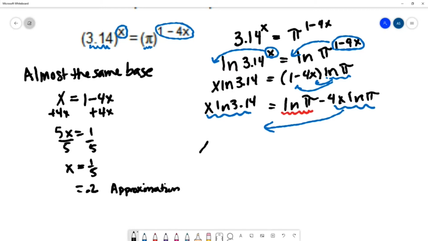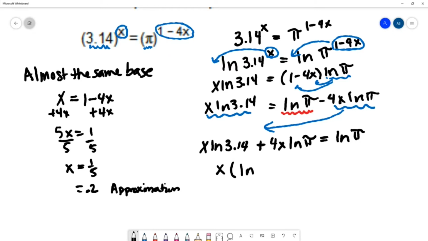So we have x natural log of 3.14, minus, I know that'll be a plus, 4x natural log of pi equals natural log of pi. Now that I've collected the x's, I want to factor the x out, and that will leave me with natural log of 3.14 plus 4 natural log of pi equals natural log of pi.